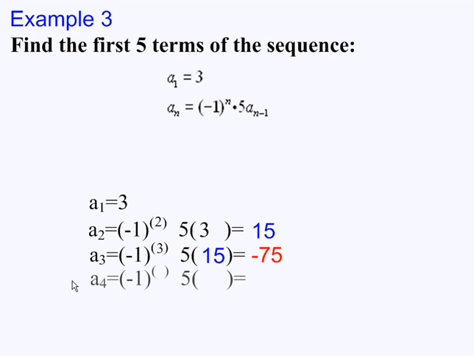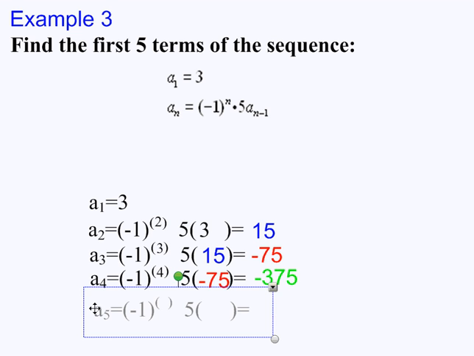Okay, so now to find A4, we have to raise negative 1 to the 4th. So that's the n. Take the previous term here, multiply by 5, multiply by negative 1 to the 4th, which is going to give us a value of negative 1, and then negative 1 times 5 times negative 75 is negative 375.